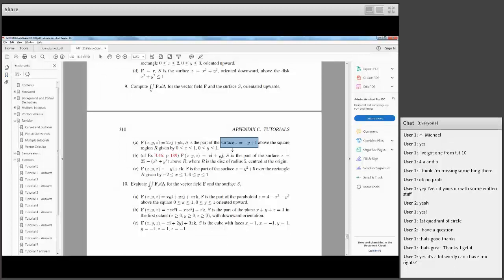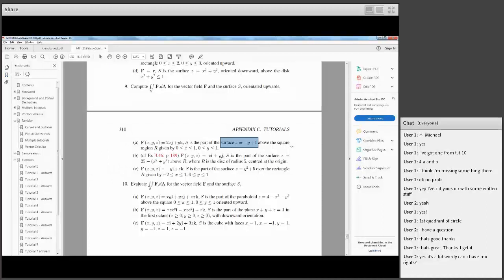If it's an open surface of a curl, so you're doing a flux of a curl, then use Stokes' theorem. If neither of them apply, then you're going to have to do it directly. If the unit normal is really easy to work out, well, bang, you use that, and you could try that approach, which you can almost do in 9A here.